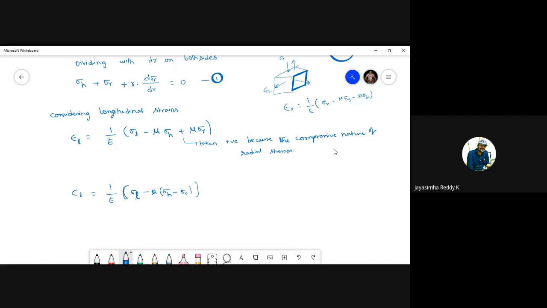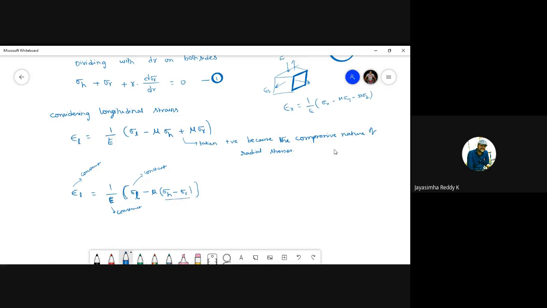We have already seen in our assumption that this sigma L is constant. And here strain will also be constant, change in length by original length, so this will also be a constant. As sigma is constant, epsilon will also be constant, and E is definitely constant for a particular material. Mild steel, it will be constant. If you consider copper, it will be constant. So Young's modulus will be constant for the material considered. Okay, so if all these terms are constant, this is also a constant, right?